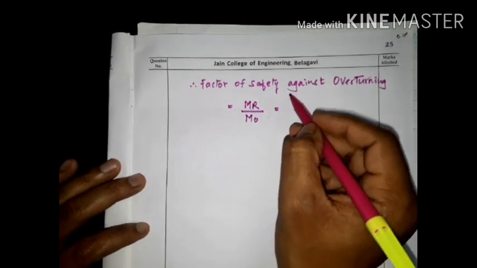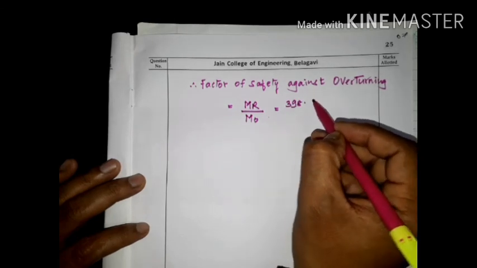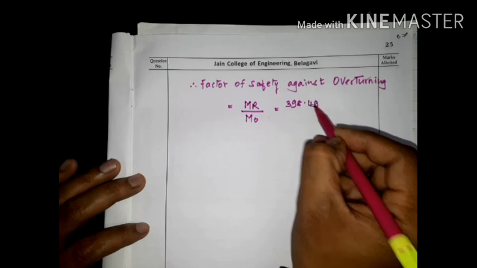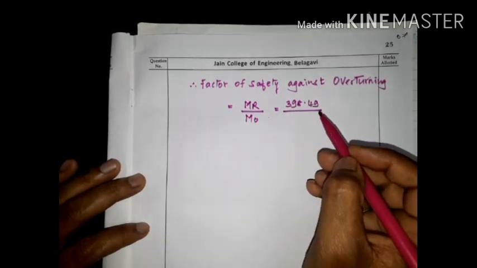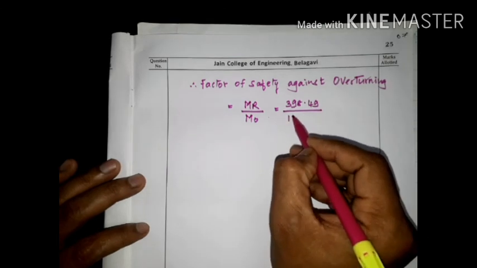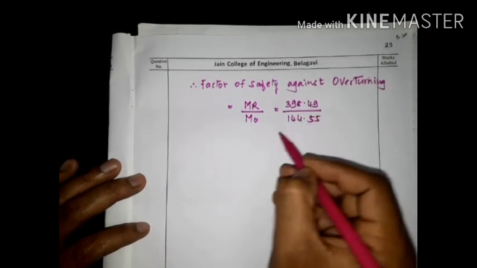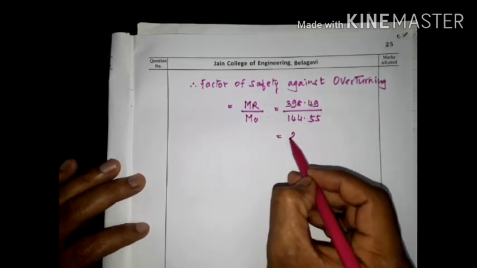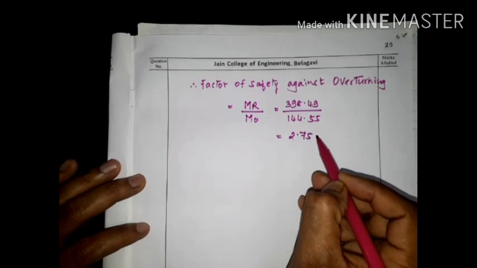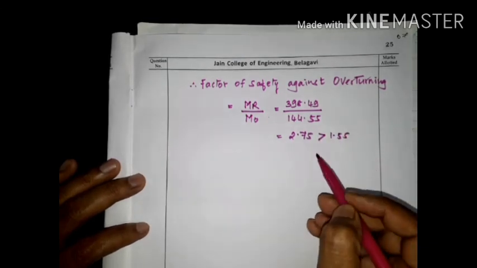So MR we have got as 398.49, already calculated, divided by overturning moment MO, 144.55. So the ratio of these two we get as 2.75, and this ratio is more than 1.55.